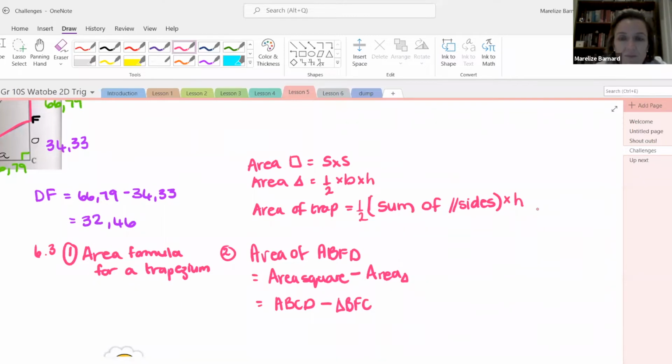Half times the sum of the parallel sides times the height. I think that's right. Yes, ma'am, that's right. Okay. It's not every day you work out the area of a trapezium. Right, I don't remember the last time I did it either, ma'am.